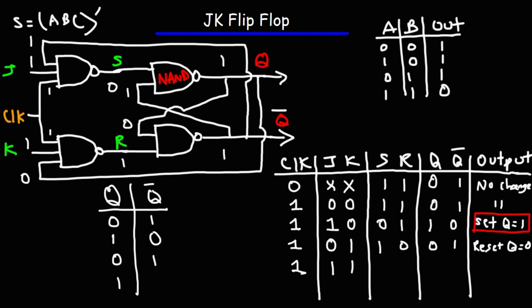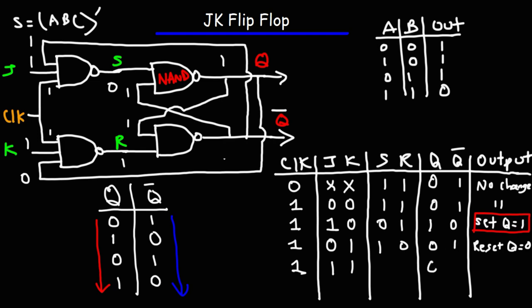And now when Q is 1, this input changes. 1 and 1 will make Q bar 0. And this cycle is going to keep repeating itself. So Q is going to change from 0 to 1, 0 to 1, and it's going to keep doing that. Q bar is going to remain the complement of Q, so it's going to go from 1 to 0, 1 to 0.